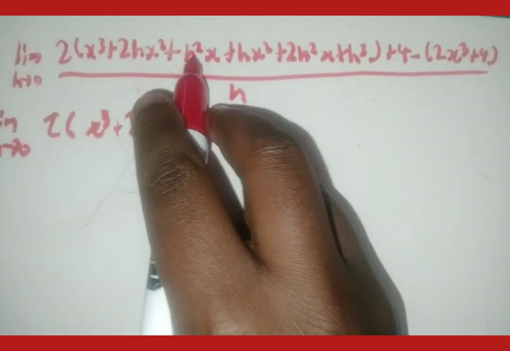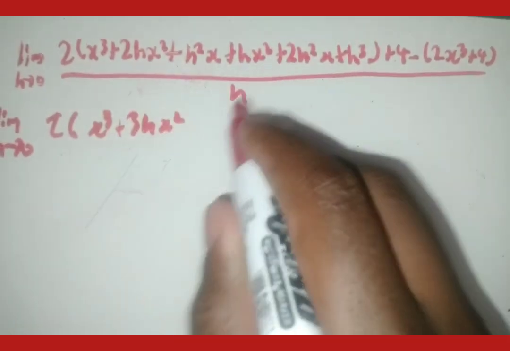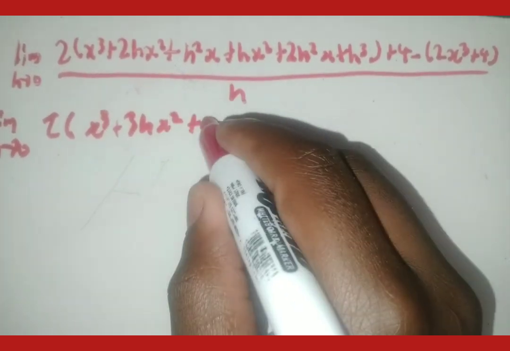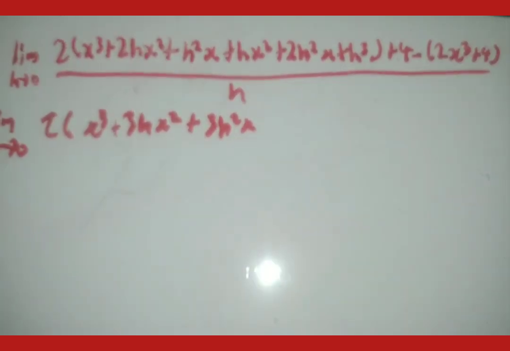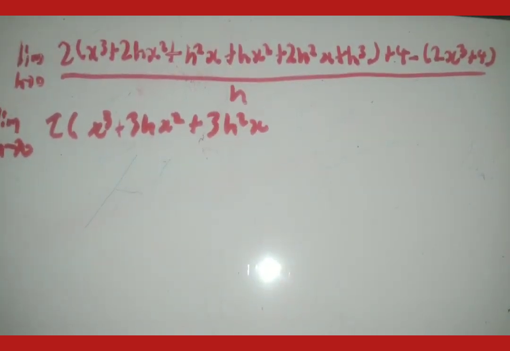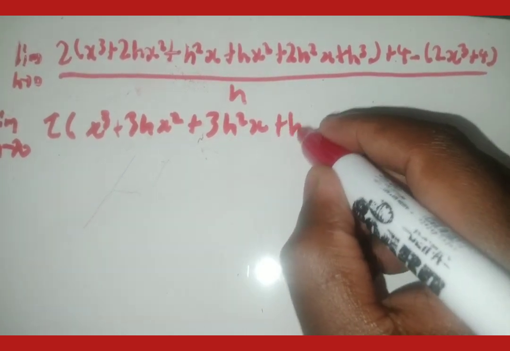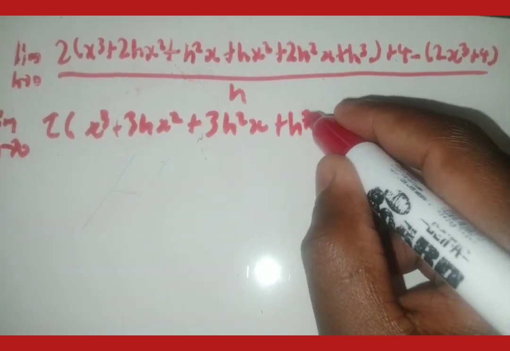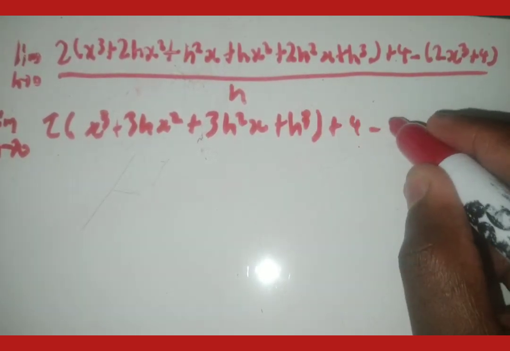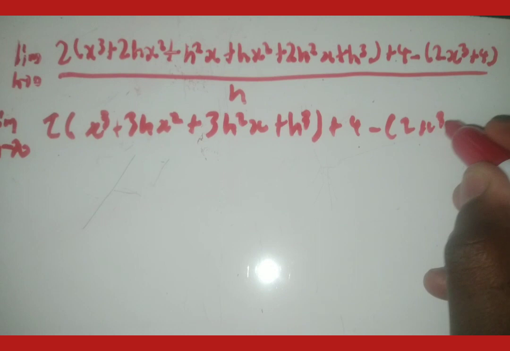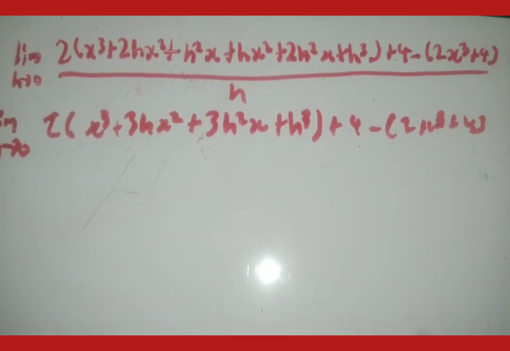And then h squared x and h squared x, you see the like terms. So then this will add and it will just become 3h squared x. And then from there, we have h cubed. All right, then we're going to have plus 4 minus 2x cubed plus 4. Okay.